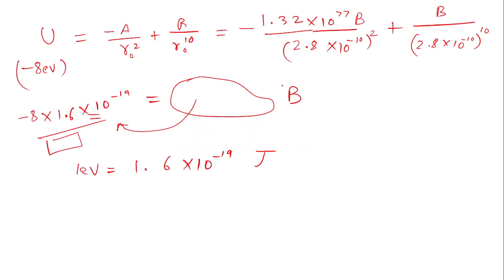We are running out of time, but if we solve this, with 10 to the power minus 20 and 10 to the power minus 10, we will get a 10 to the power 8 expression here when we multiply. So I think you guys can try solving this. We have to divide this left hand side by that. We have to take care of this energy conversion, and we will get an expression for b from this equation.